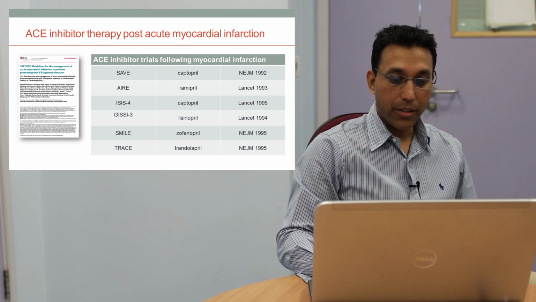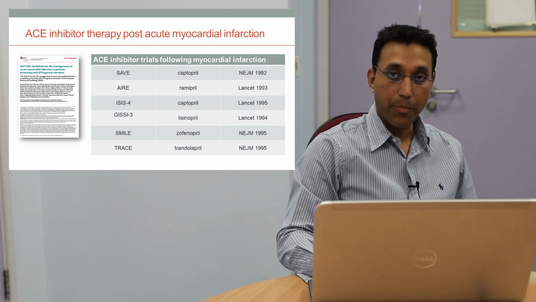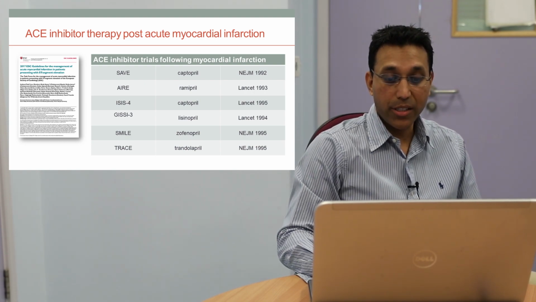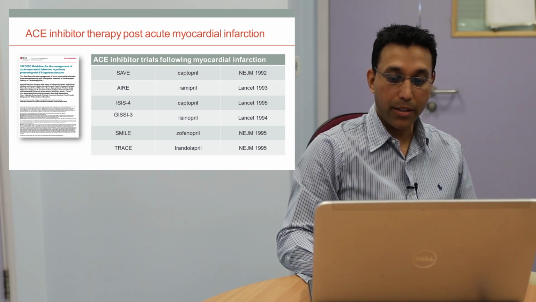However, the high dose significantly lowered the combined endpoint of mortality and hospitalization for any cause by 12% and heart failure hospitalizations by 24%. These benefits of high-dose lisinopril were also seen in high-risk patients, including those with diabetes, hypertension, hyponatremia, renal dysfunction, and also elderly patients.